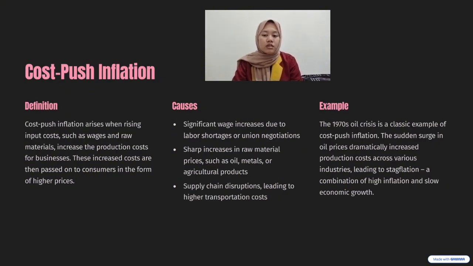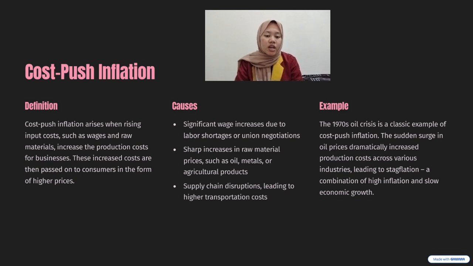Cost-push inflation. Definition: cost-push inflation arises when rising input costs, such as wages and raw materials, increase the production cost for businesses. These increased costs are then passed on to consumers in the form of higher prices.